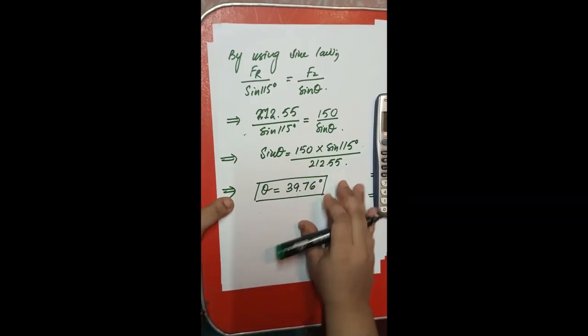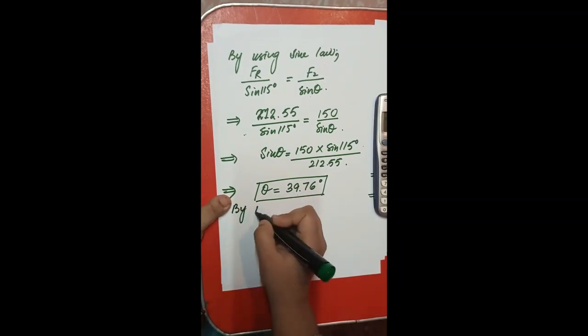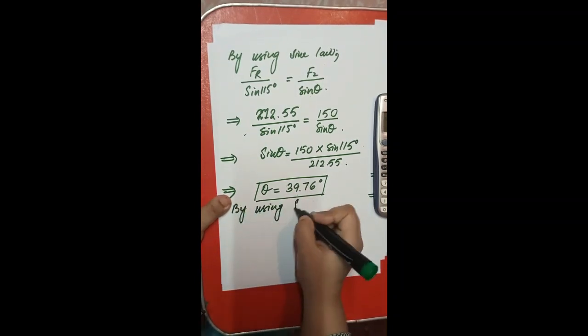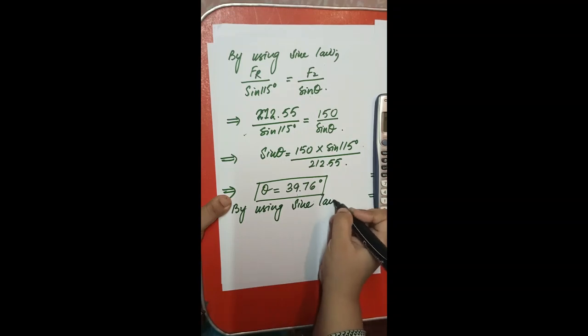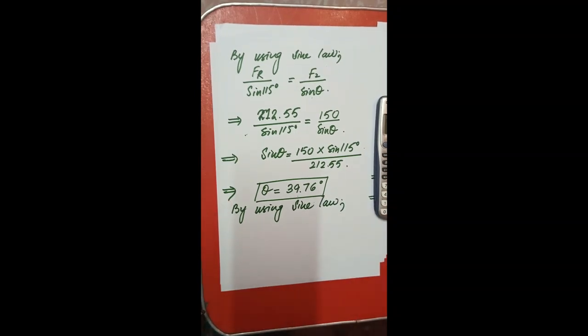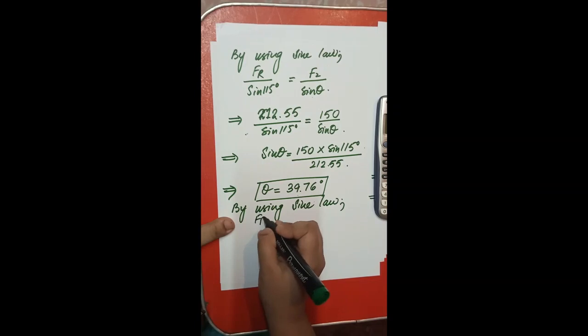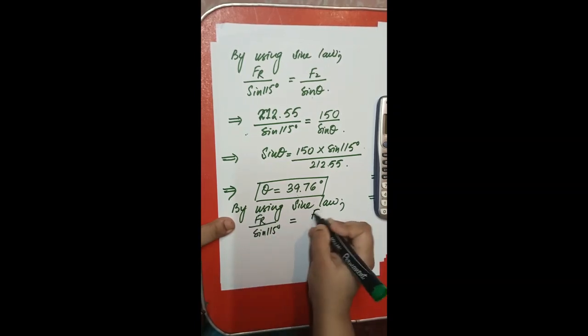Now by using sine law, we will get phi. FR upon sine 115 degrees equals F1 upon sine phi.